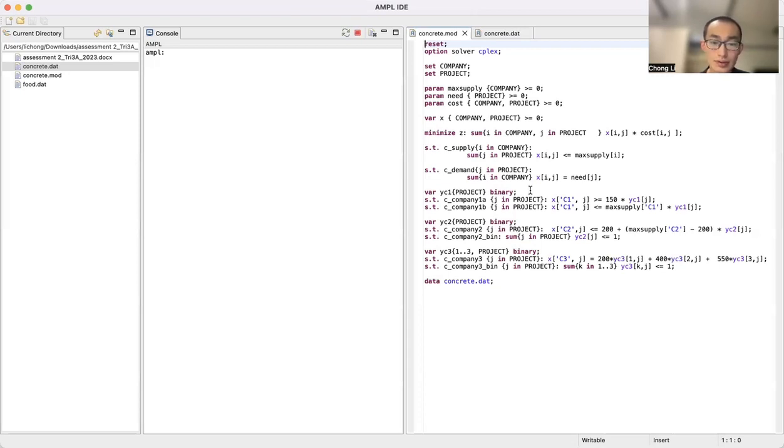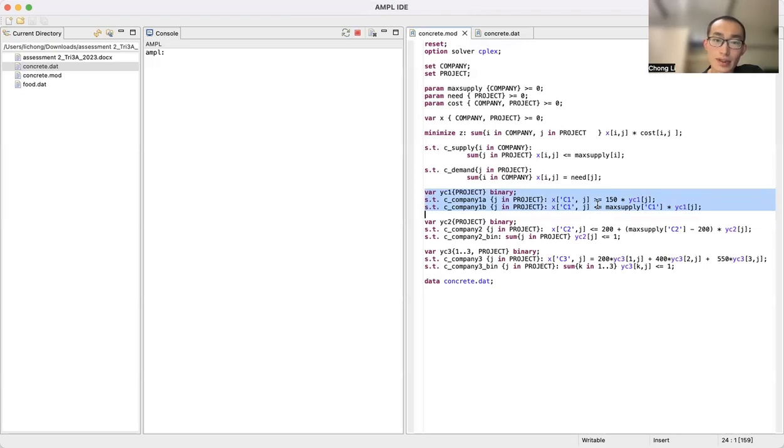Now in these lines, the supplier constraint about every company, let's look at the first company C1. Now the variable Y C1 project means whether company one is supplying concrete to project j.